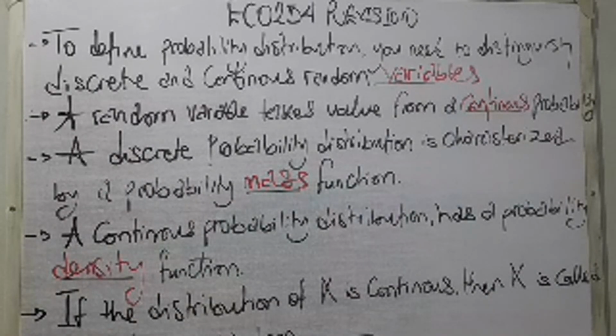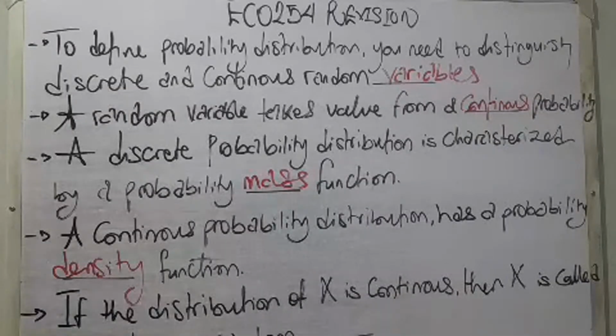If the distribution of x is continuous, it is called a continuous random variable. Awesome.